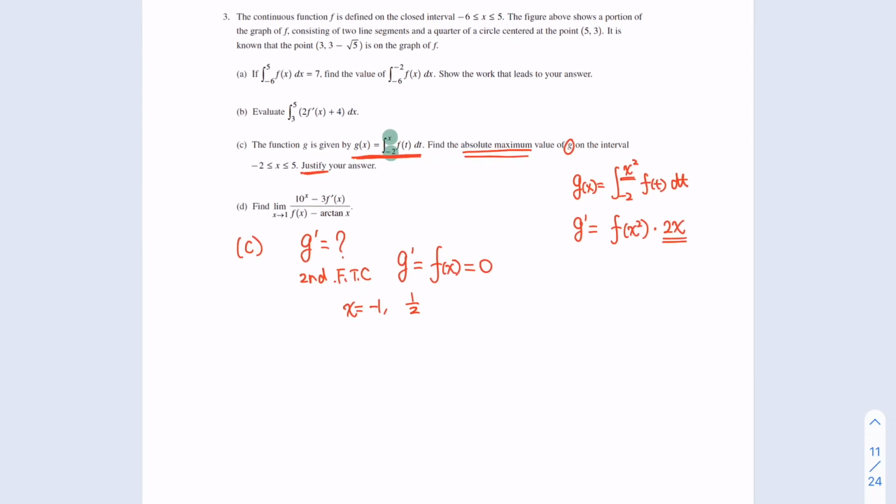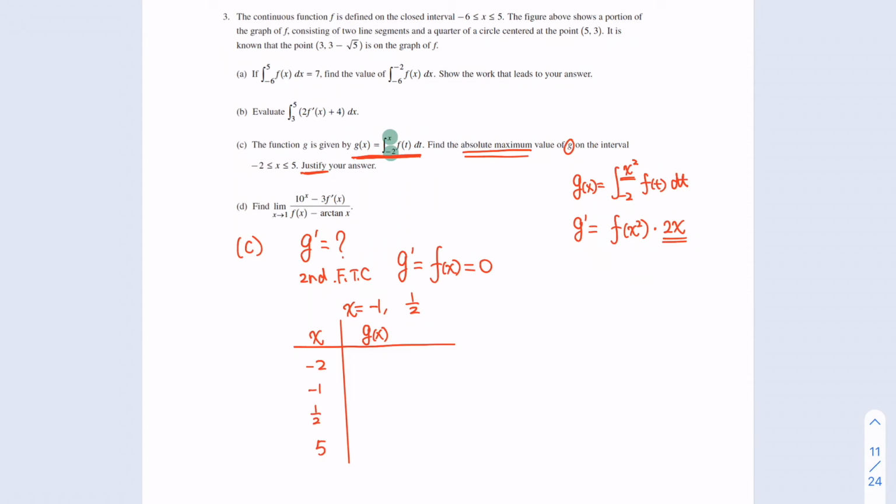In order to make sure it's a maximum value on a closed interval, we are going to make a table. This is the x value, and that's g(x). The boundaries are -2 and 5, and our critical points are -1 and 1/2.